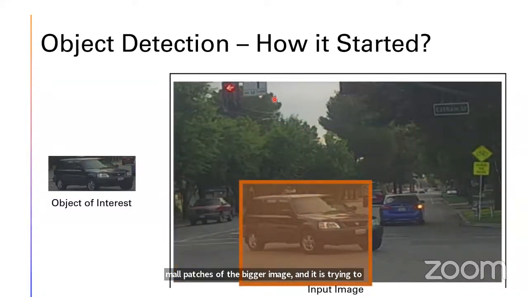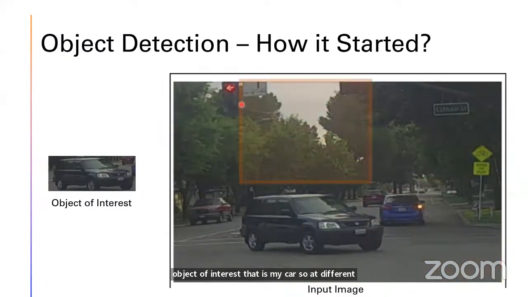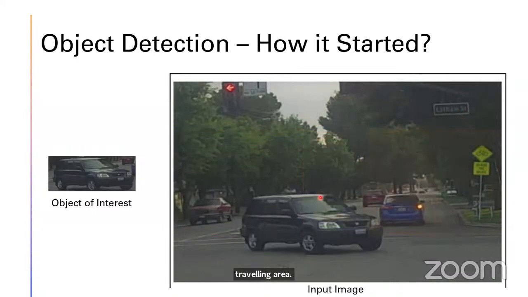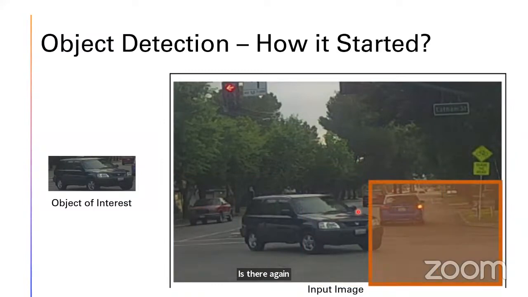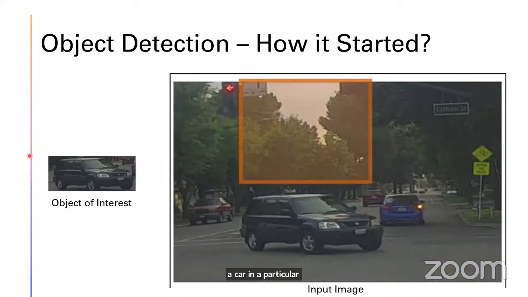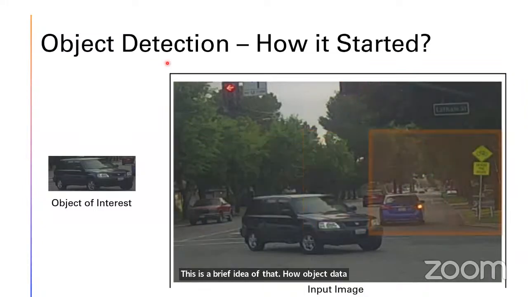At different patches, as the sliding window travels, it will tell me that, okay, here no car is there, no car is there, again no car. And at last, whenever it finds a car in a particular frame, it will tell me that, okay, a car is present there. This is a brief idea of how object detection started, right?